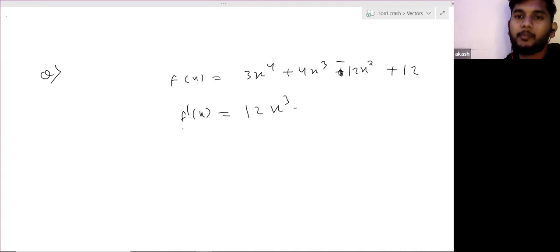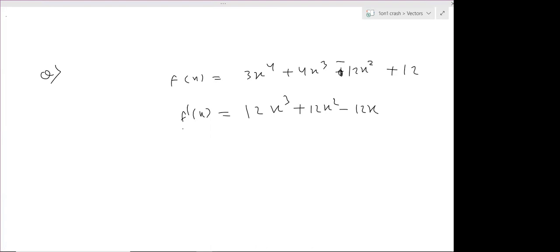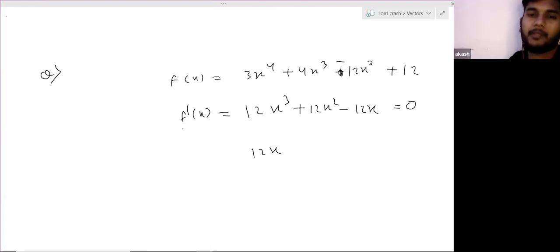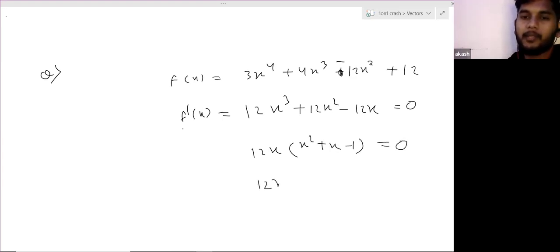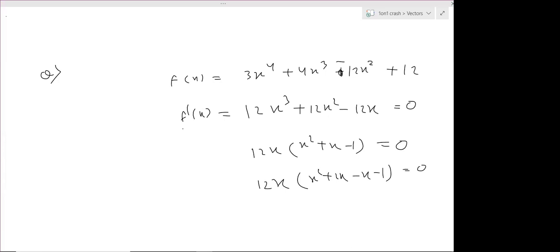This is 12x cube plus 12x square minus 24x.